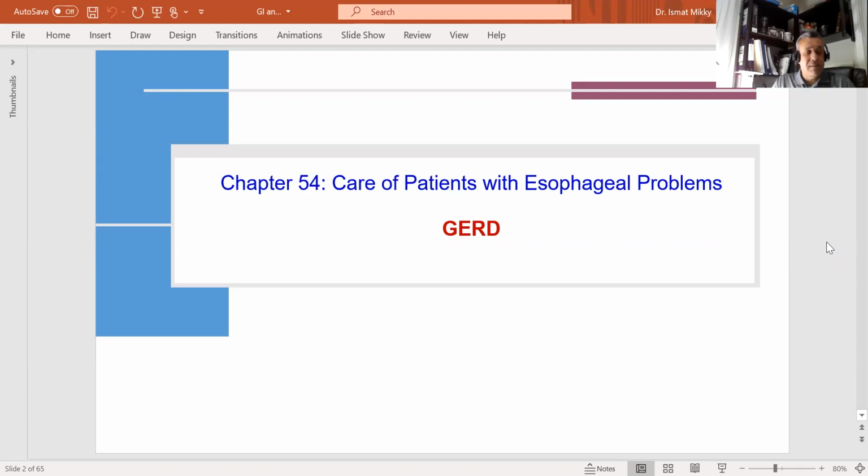The symptoms that patients present with are an uncomfortable hot and burning sensation beneath the sternum. These symptoms usually become worse after meals or reclining, and when people wear tight clothes.